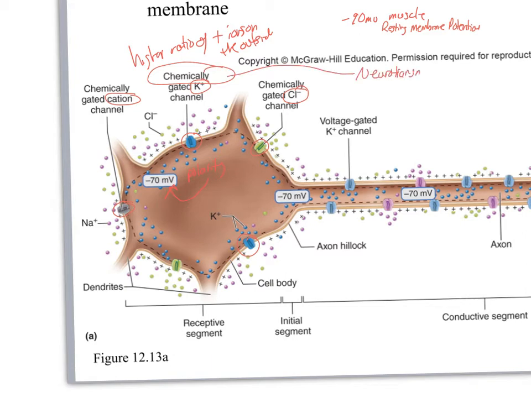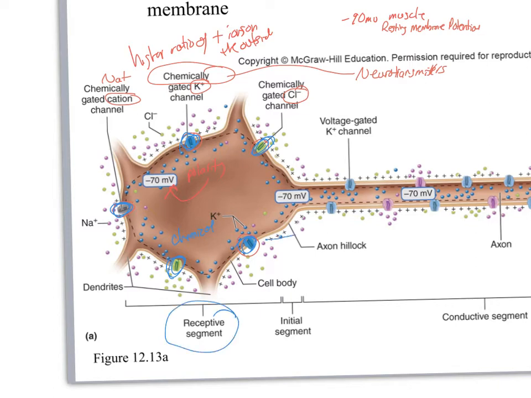The neurotransmitters open them, they come in, and everything is fun, okay? I guess this one is responding for sodium primarily. What you will notice is for all of these, all of them are chemical, which means they do not respond to voltage. All right, so this is the receptive segment of your neuron, okay?